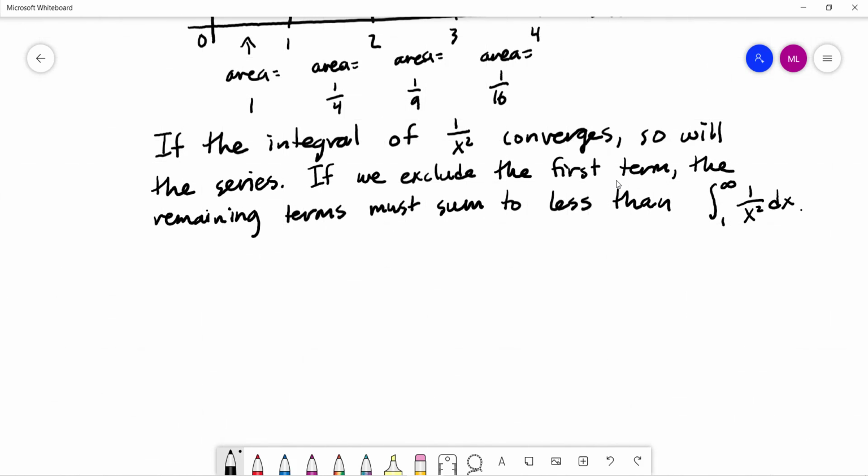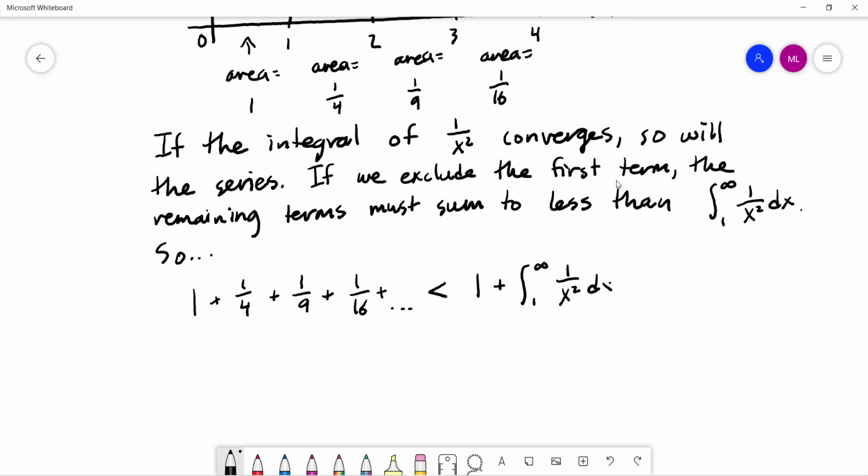And that means if I look at our series 1 plus a quarter plus a ninth plus 1/16 and so on, that must be less than 1 plus the integral from 1 to infinity of 1 over x squared dx.